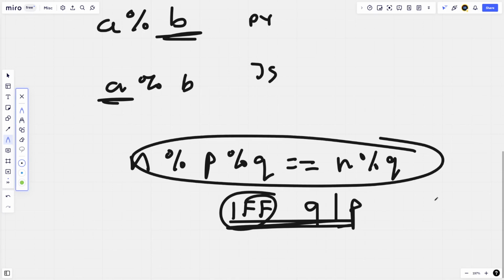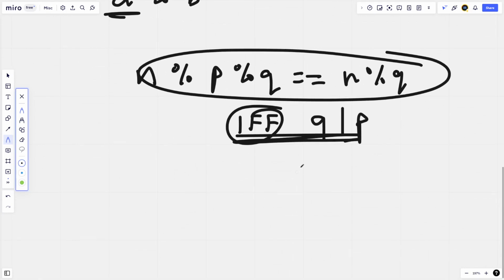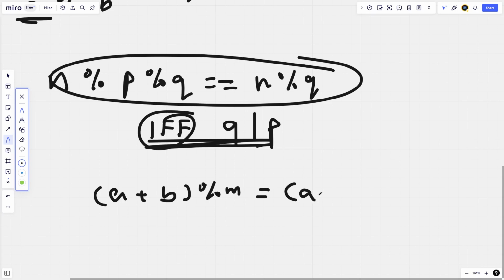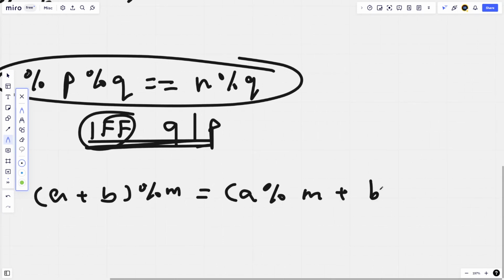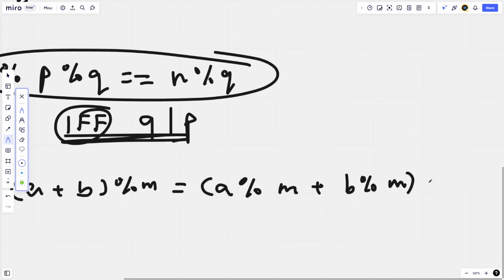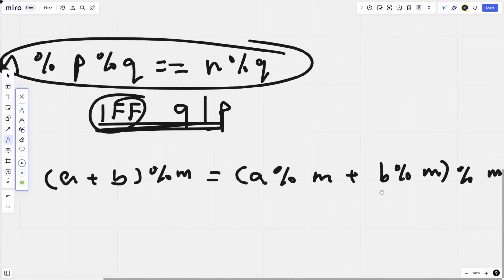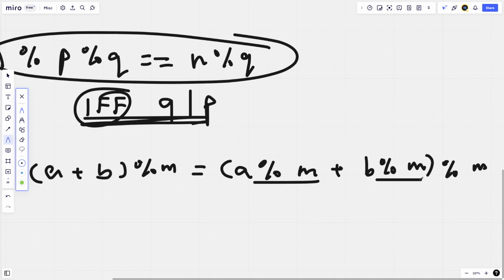And finally, we also have the fact that a plus b mod m is equal to a mod m plus b mod m all modulo m, which works because this doesn't change the equivalence class we're in. And this also works with multiplication the exact same way.